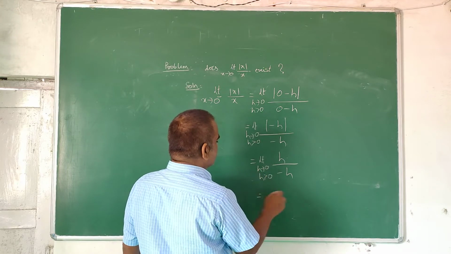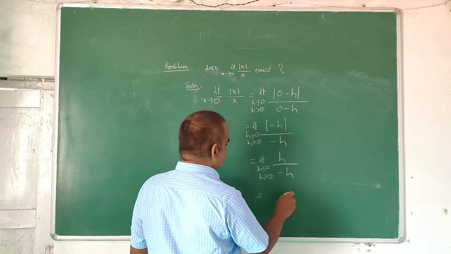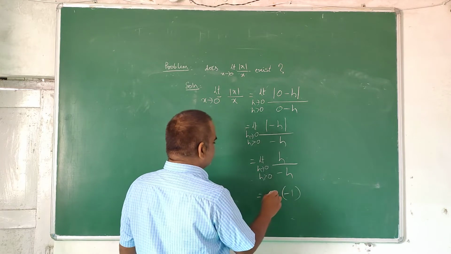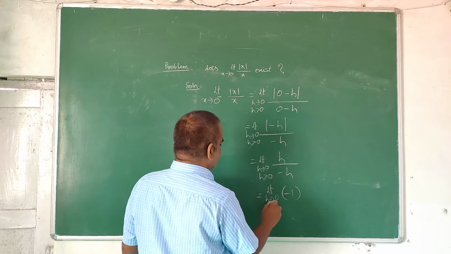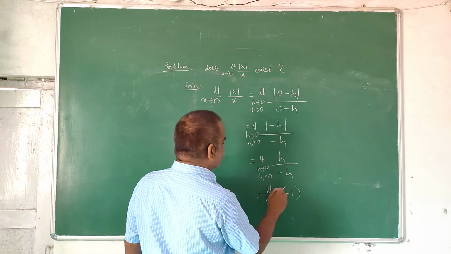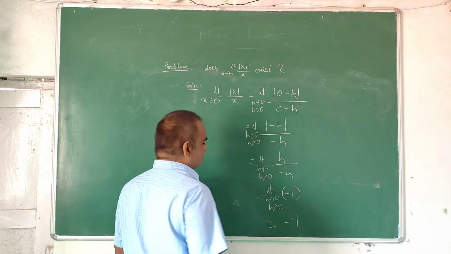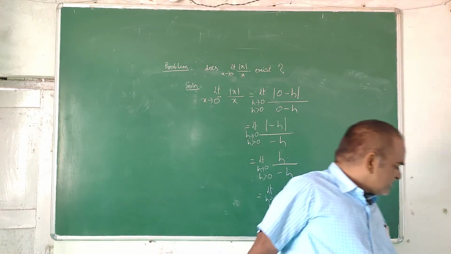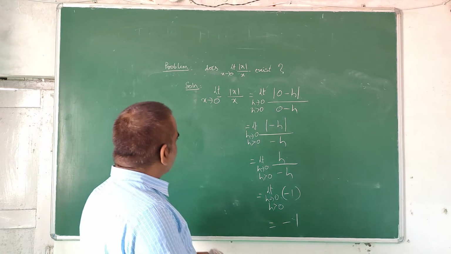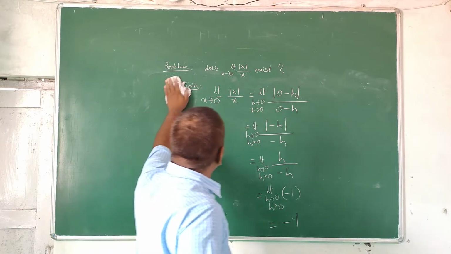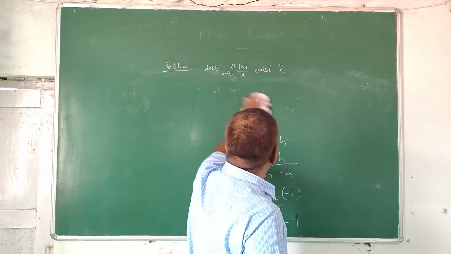Now as h is not equal to 0, both h and h get cancelled. So you get minus 1, limit h tends to 0, h greater than 0. This constant has got nothing to do with the limit. So this is minus 1. So you got the left hand limit as minus 1. Now let us see the right hand limit.